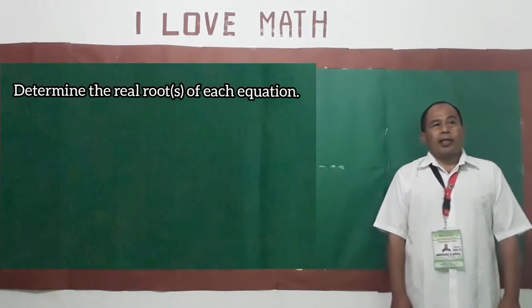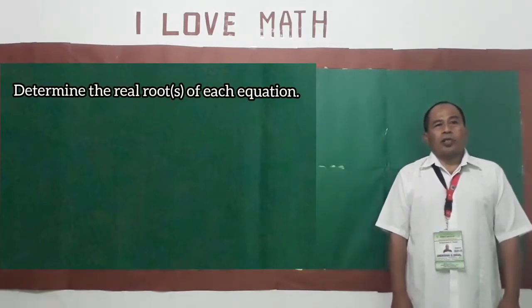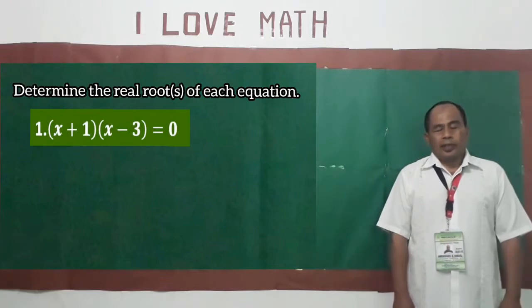Let us determine the real roots of each equation. Number 1, (x + 1)(x - 3) = 0.